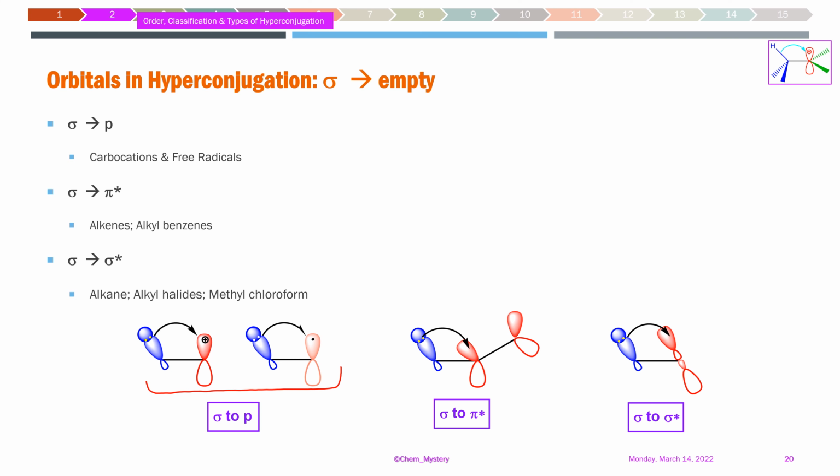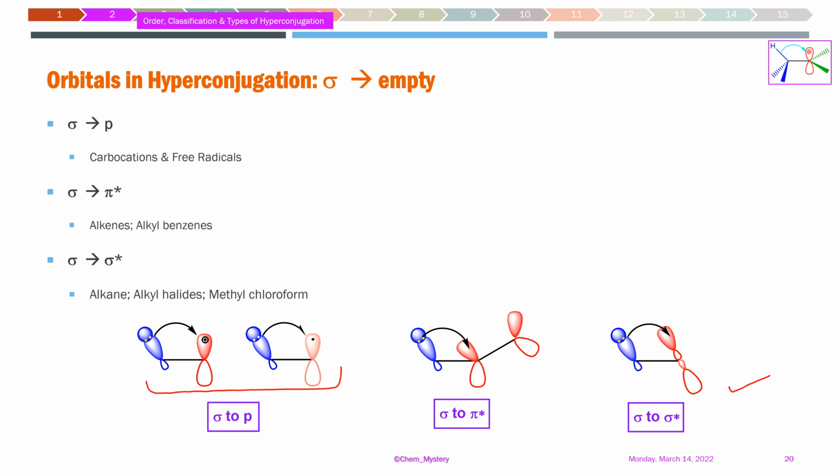I hope you might have noted already, when there is a single electron present in this orbital in the case of radical, then the direction of this arrow we are keeping is different than what we otherwise use in the case of normal delocalizations. And this is the case when the sigma bonded electrons are going into the sigma star antibonding molecular orbital. That kind of situation is also going to be there in the case of hyperconjugations.